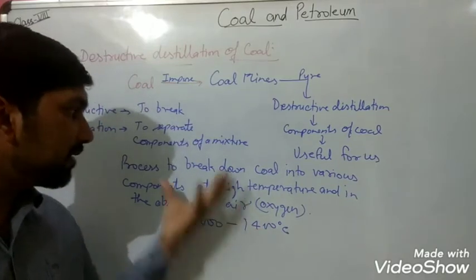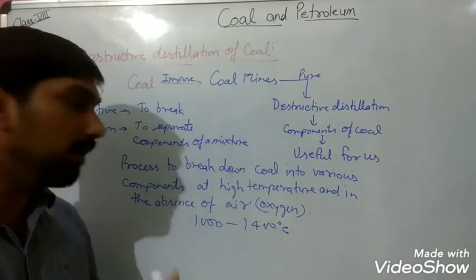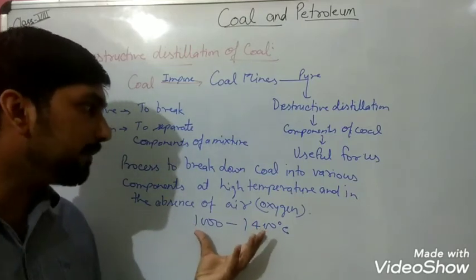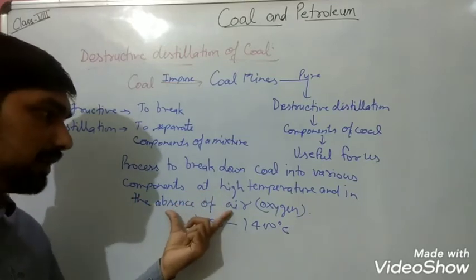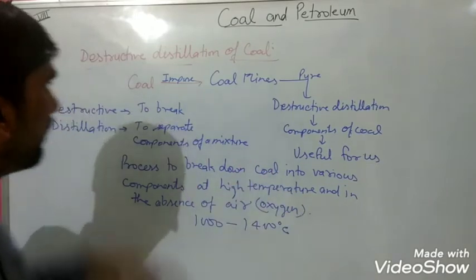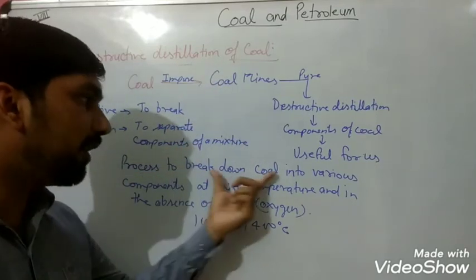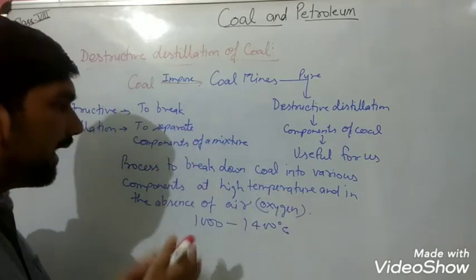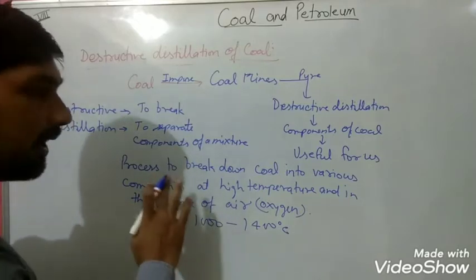So we break down this coal in furnaces or retorts so that the temperature can reach this intensity, and this distillation happens in the absence of air, or we can say in the absence of oxygen. So destructive distillation of coal is the process to break down coal into various components at high temperature and in the absence of air.